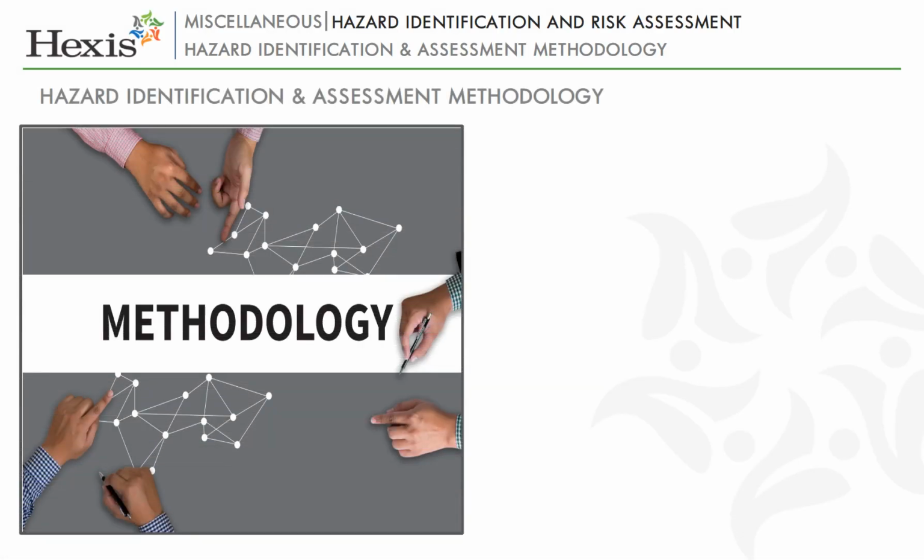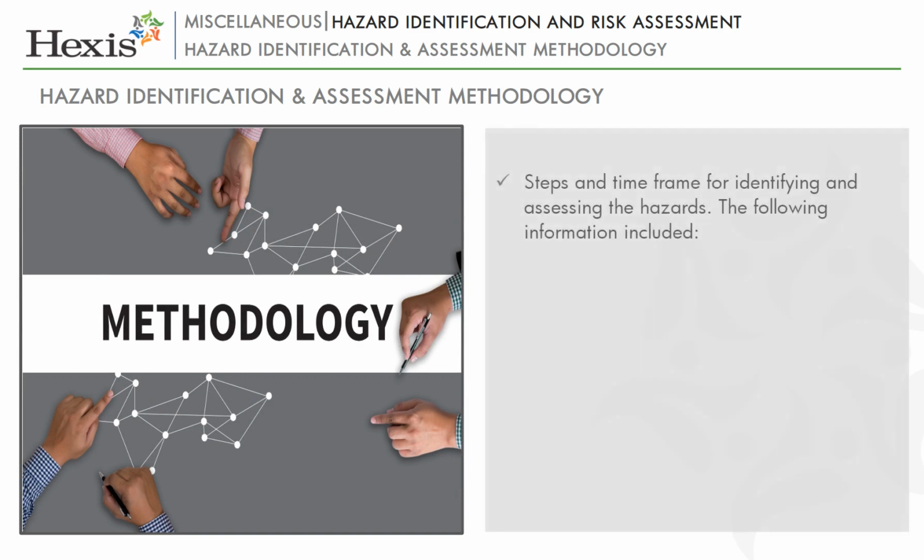Next, let us look at the hazard identification and assessment methodology, which includes the following: steps and time frame for identifying and assessing the hazards. One must define the steps for the identification of hazards and a time frame for this identification. The following information included: who will be responsible for the identification. For example, it may be the Workplace Health and Safety Committee or an individual or individuals appointed by the committee.